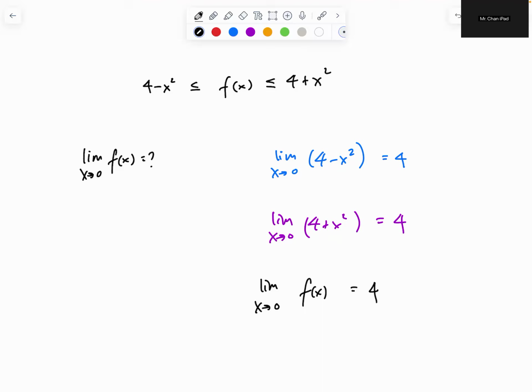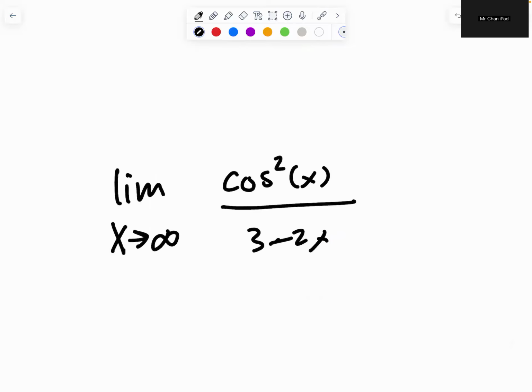Okay, here we go. Limit as x approaches infinity for cosine squared x over 3 minus 2x. Now, if you say, well, how am I supposed to do this? Because if I plug in infinity, it's not like the situations earlier. We can't really just divide by the greatest power.